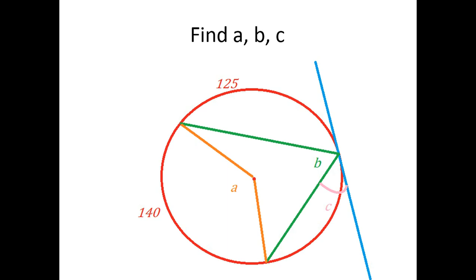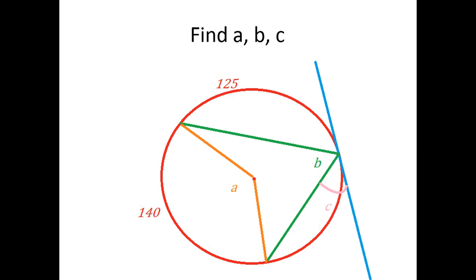And then the leftover, or C, would end up being half of whatever the leftover arc is. So you would take 140 plus 125, subtract it from 360, and you would get that arc as 95.